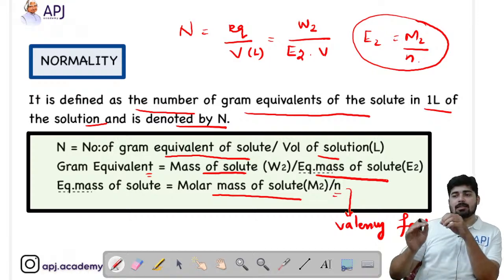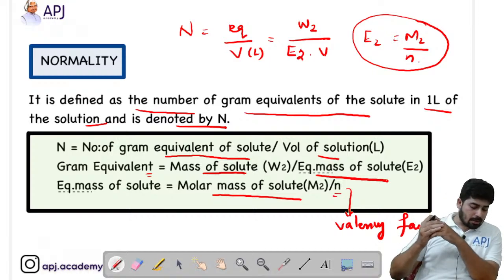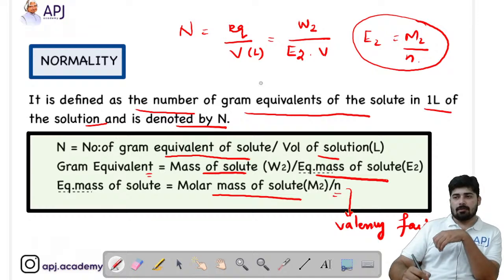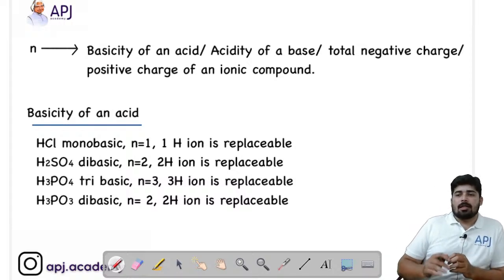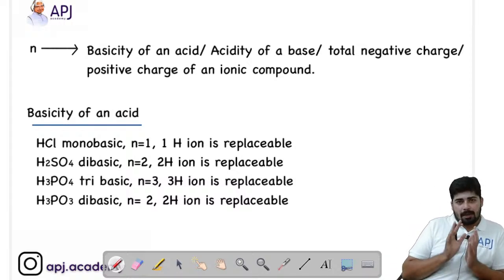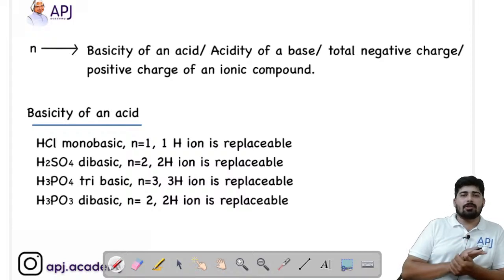Now the thing is, we have to learn what is valency factor. So let's check what is valency factor. Dear students, if you are considering a basic solution or an acidic solution, what will be the valency factor for an acidic solution? See, it is the number of H plus ions donated by the acid.